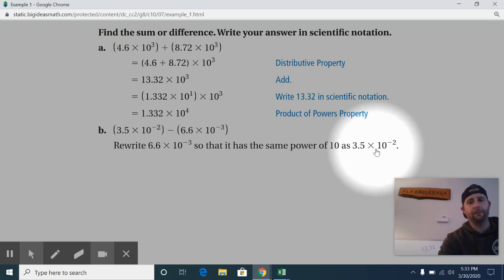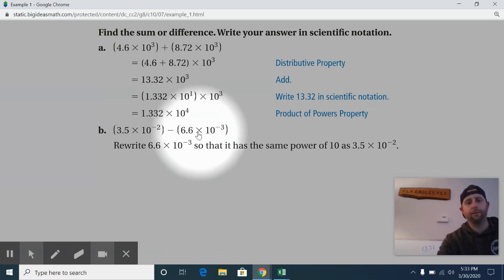So here's the deal. I need to change this number by moving my decimal for my factor so that I can make my exponent negative 2. Okay? So how am I going to get negative 3, my exponent currently, to become negative 2? This is my thought process. I'm going to get that by adding 1. Okay?